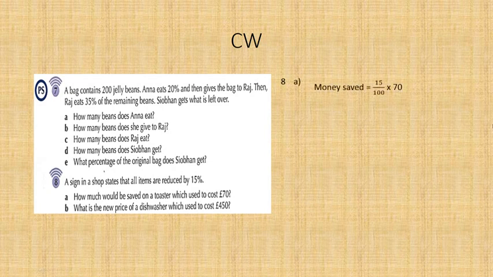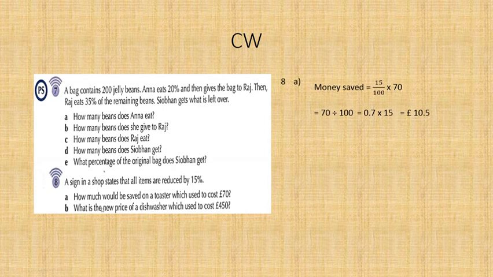The money saved is going to be 15 over 100, the percentage, times 70. So as we did before, 70 divided by 100 equals 0.7. And after that, multiply this 0.7 by 15, which equals 10.5 pounds. So the money saved is 10.5 pounds.